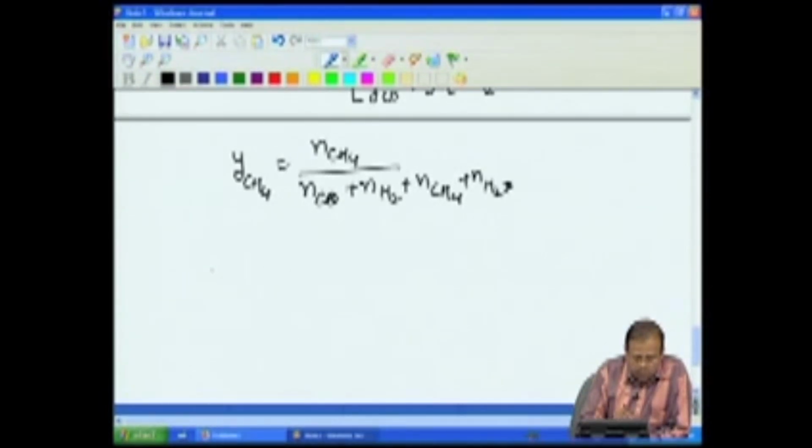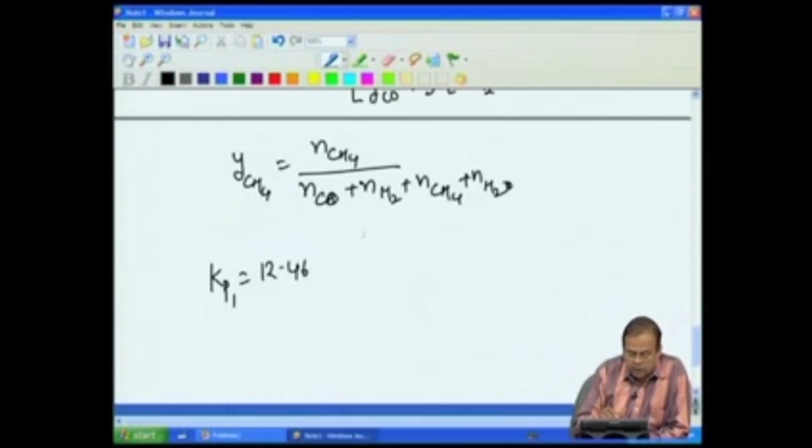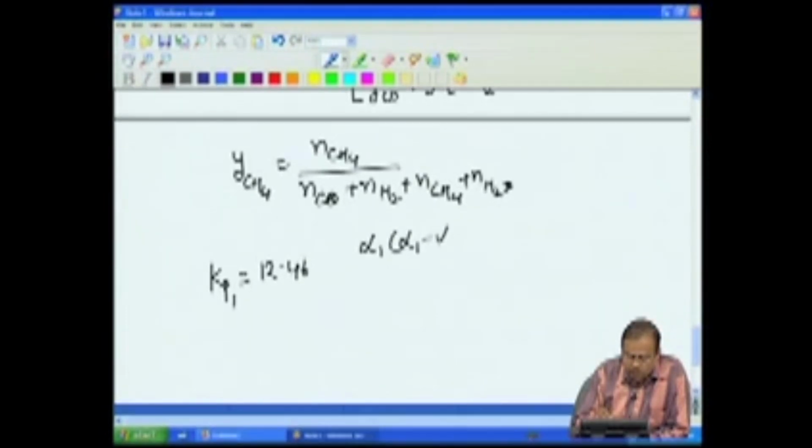If we look at Kp1, which is 12.46, and we put all this information together, we will get an equation.